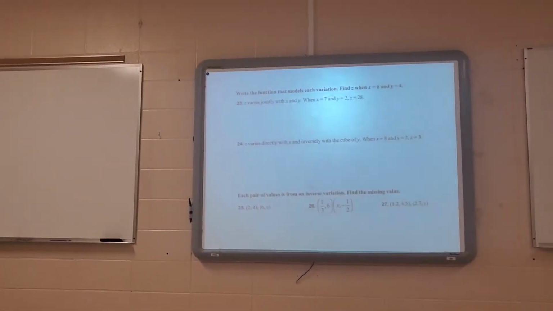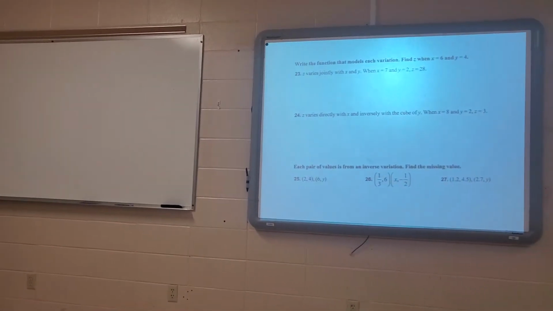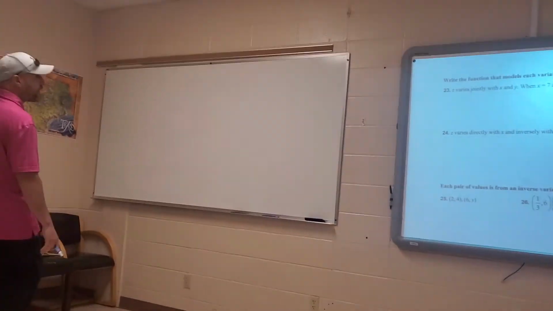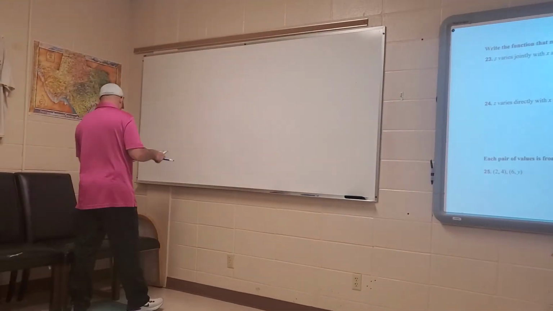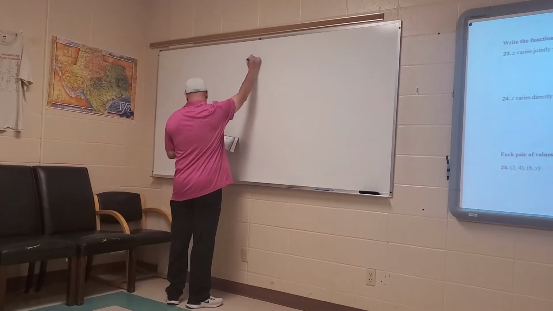Okay, so write the function that models each variation. Find z when x is 6 and y is 4. So here, you need these 3 equations.